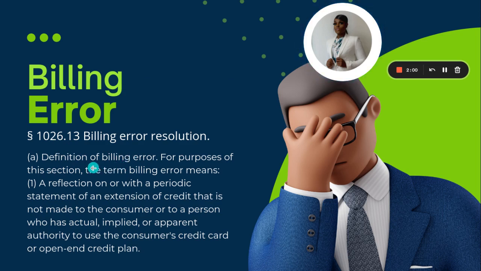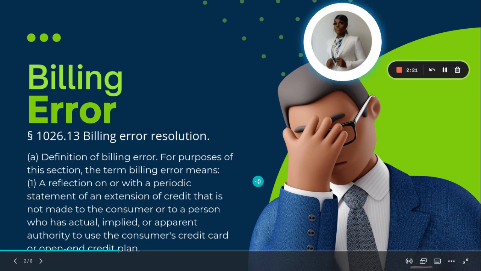So how is billing error resolution defined? By law, the definition of billing error for the purposes of this section, and this would be the section they're referring to, is that the term billing error means a reflection on or with a periodic statement of an extension of credit that is not made to the consumer or to a person who has actual, implied, or apparent authority to use the consumer's credit card or open-end credit plan.